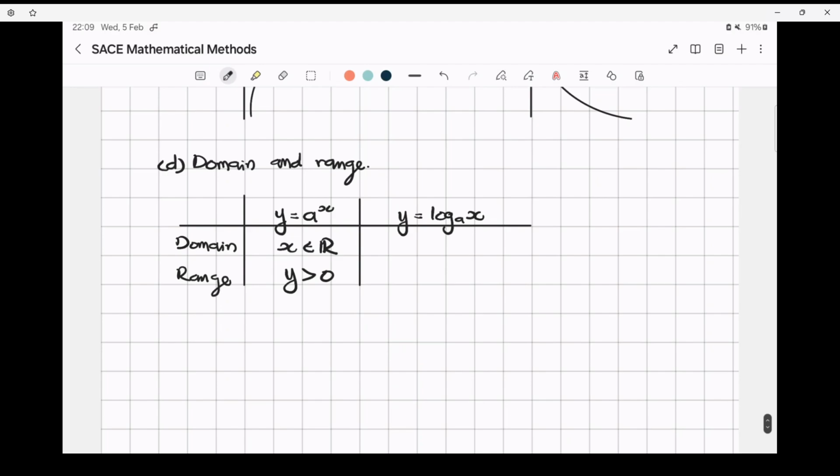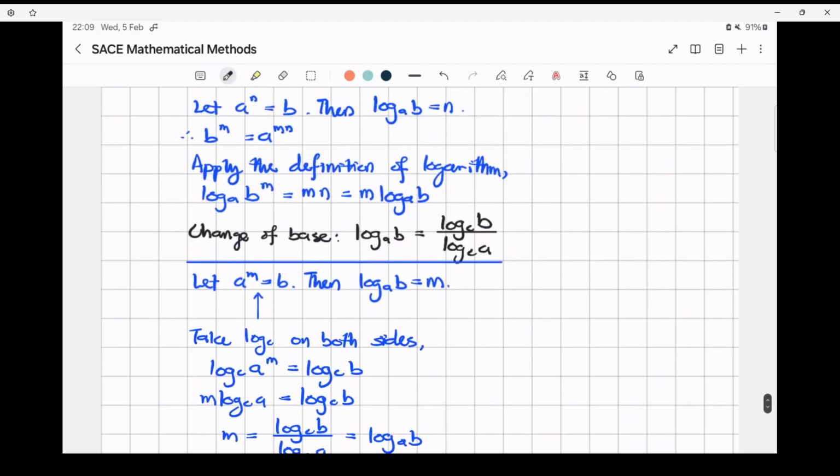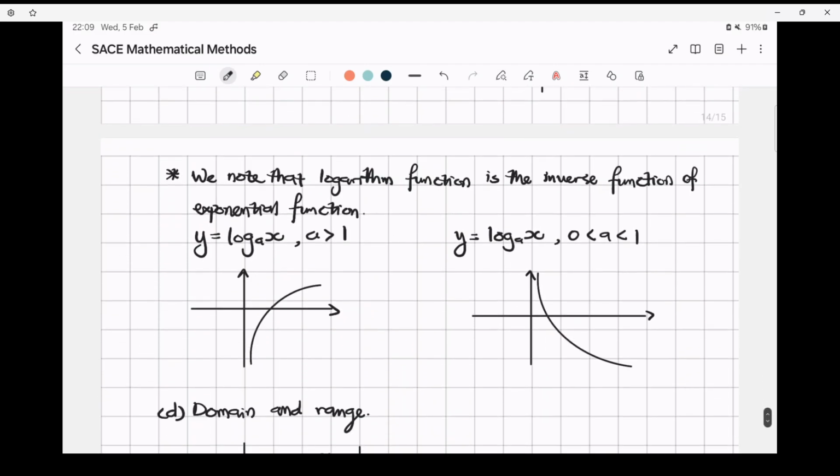So for the logarithm, it will be the opposite. Domain will be x has to be positive. Range will be the set of all real numbers. So these are the domain and the range for logarithm function.